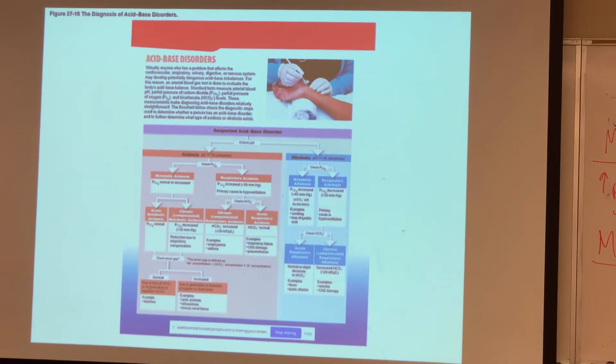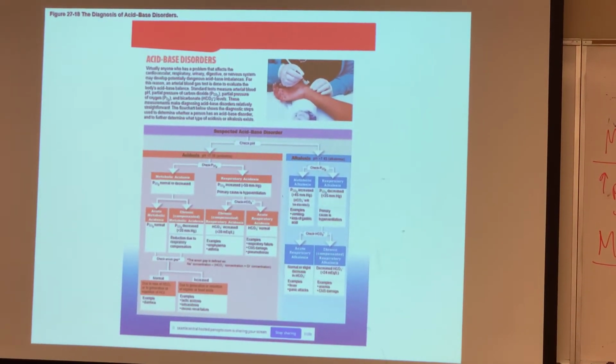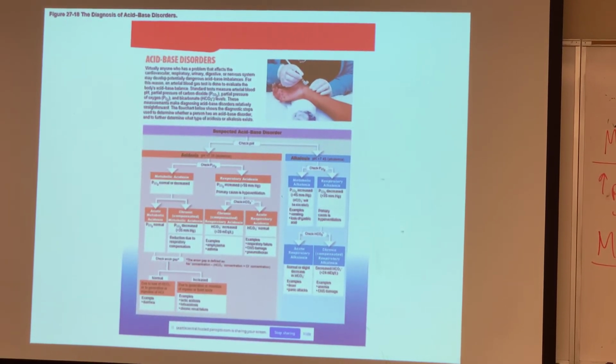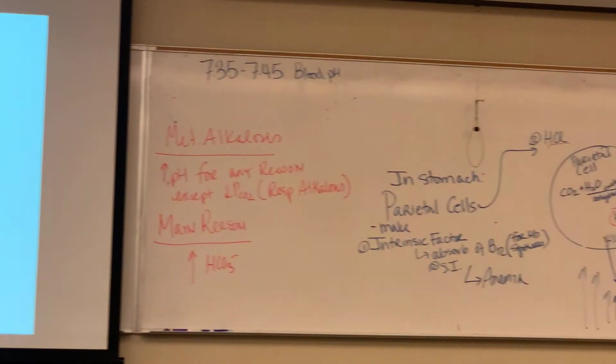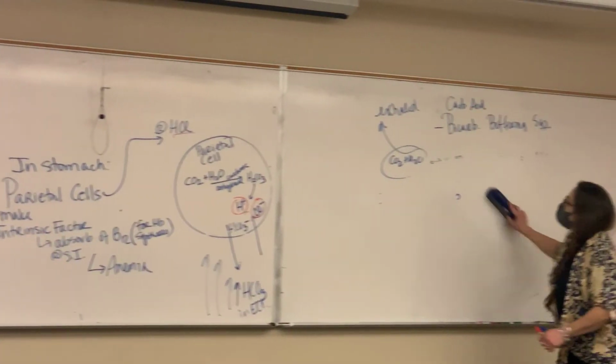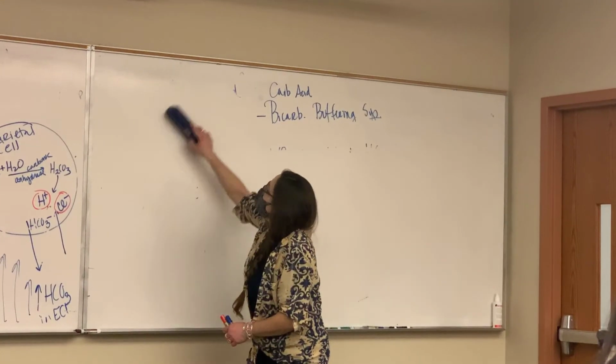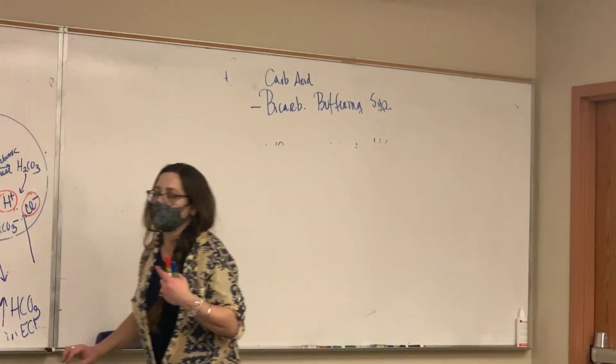But if you find this interesting, and for those of you that think that you are going into critical care in nursing or med school or nurse practitioner or PA, this stuff is gonna be really important for you.